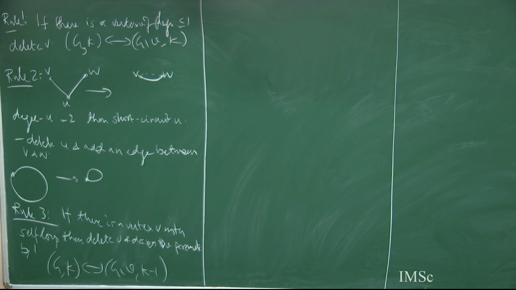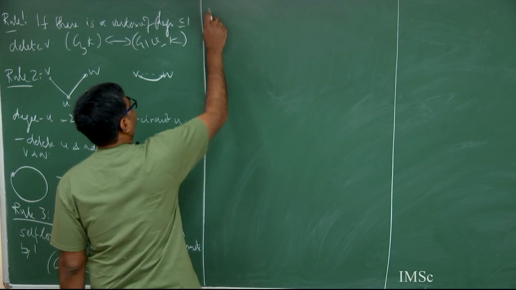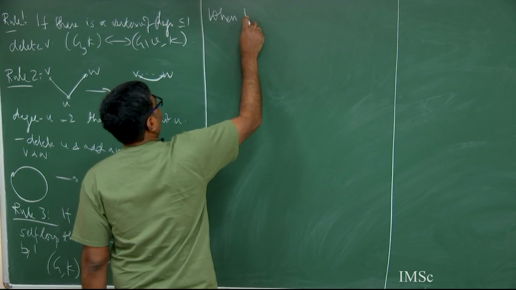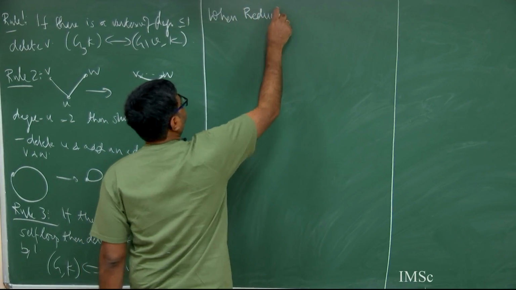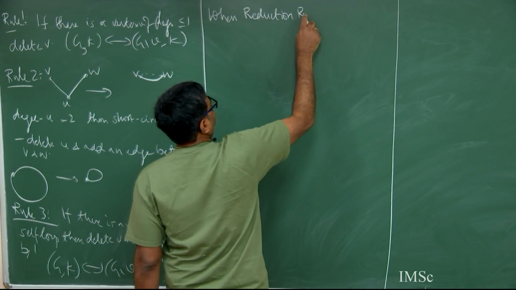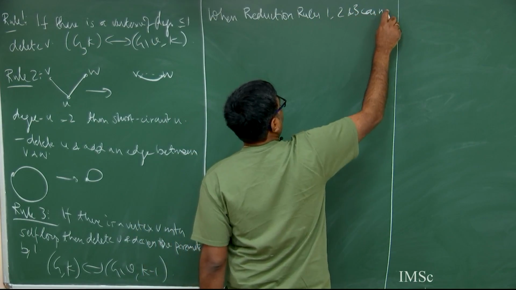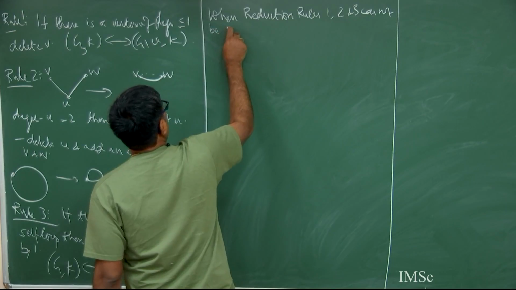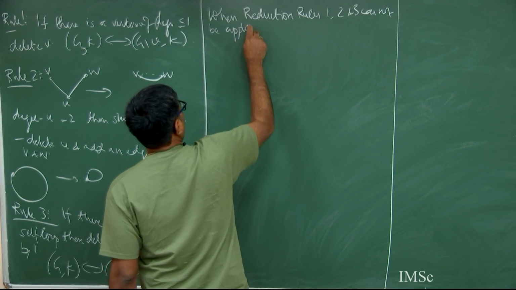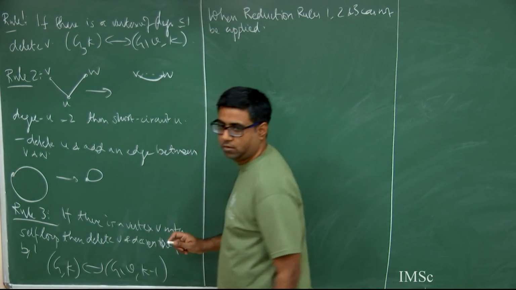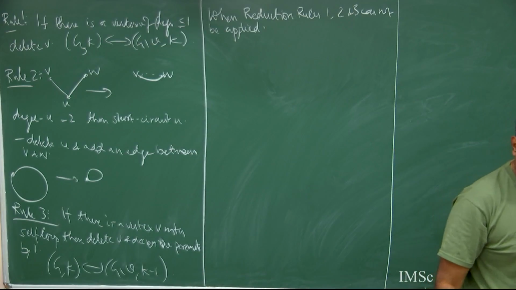Now let's analyze the effect when none of these reduction rules can be applied to the graph. What can we say when reduction rules 1, 2 and 3 cannot be applied?